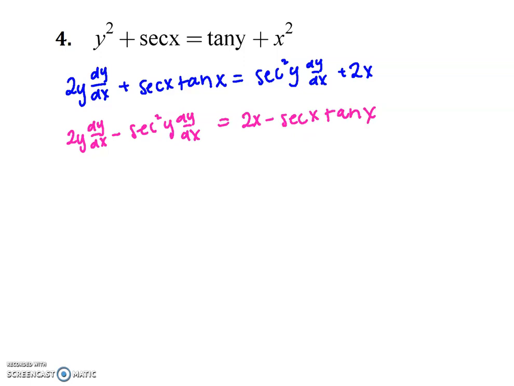And then once you've done that, now that everything over here has a dy/dx, we can GCF that out. That'll just leave us with a 2y minus the secant squared of y.